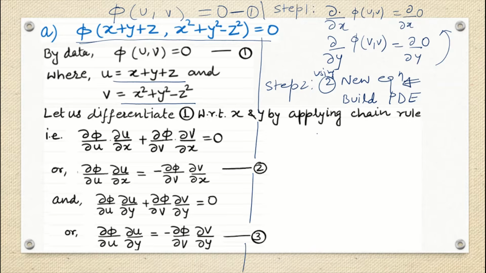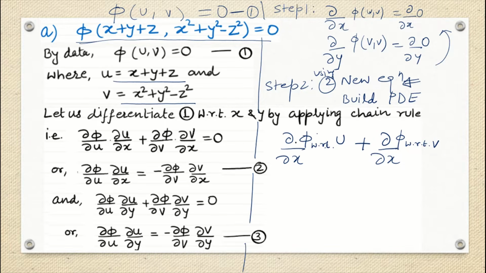If I have to find del by del x of phi of u, v, that means I actually have two functions, u and v, present right now. So I have to find del by del x of phi with respect to u, because first is the function u, and then I have to find del by del x of phi with respect to v also, correct? Here are my u and v in this arbitrary function.